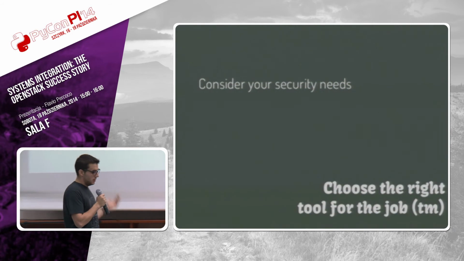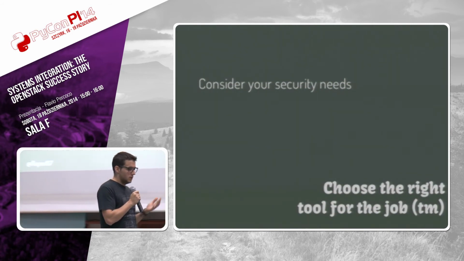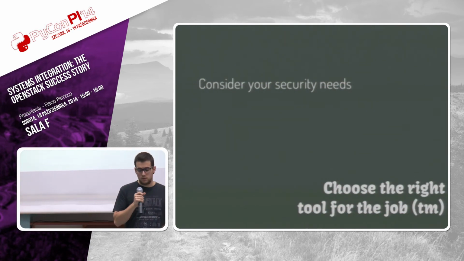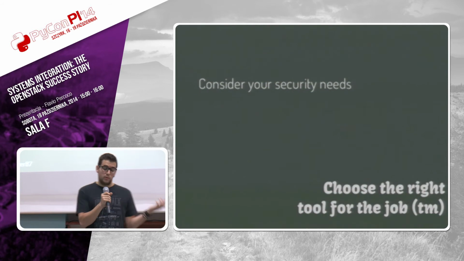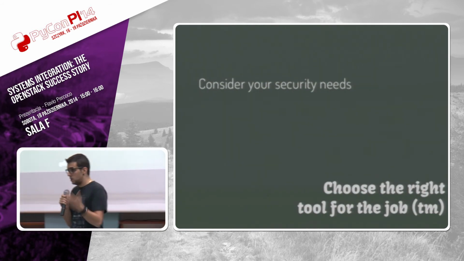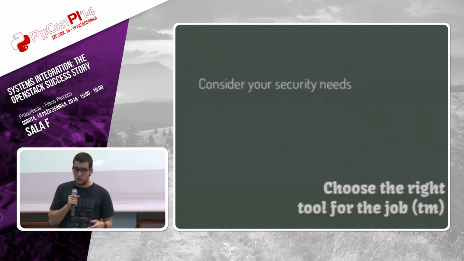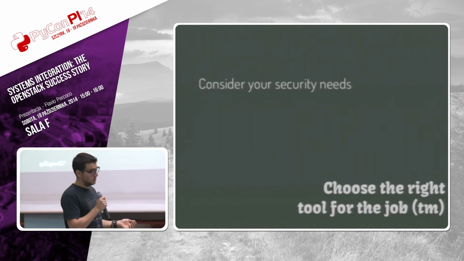And consider your security needs. This means that when you're deploying your architecture and architecting your API, in the case of AMQP 0.9 or 0.10, you also have to think about the exchanges where you want to send those messages, whether everyone is listening to those exchanges, and the ACL for those exchanges.